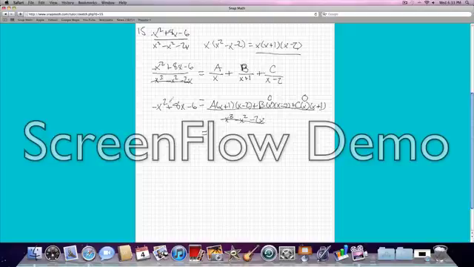So what we come out to is negative 6 on this side, 0 plus 0 minus 6, and then A times 1 times negative 2, plus B times 0, which would be 0, plus C times 0 times 1, which would be 0 anyway. So what we get is negative 6 equals negative 2A, so A is going to equal 3. So we can actually plug that in for A up here.